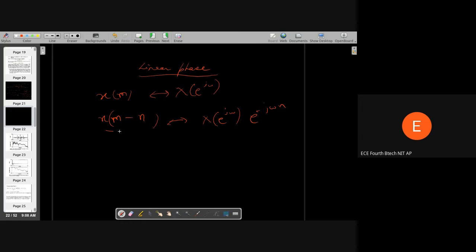So whatever shift happens in the time domain by some amount comes up as a phase term. So it does not have much of an impact in the overall scheme of things.